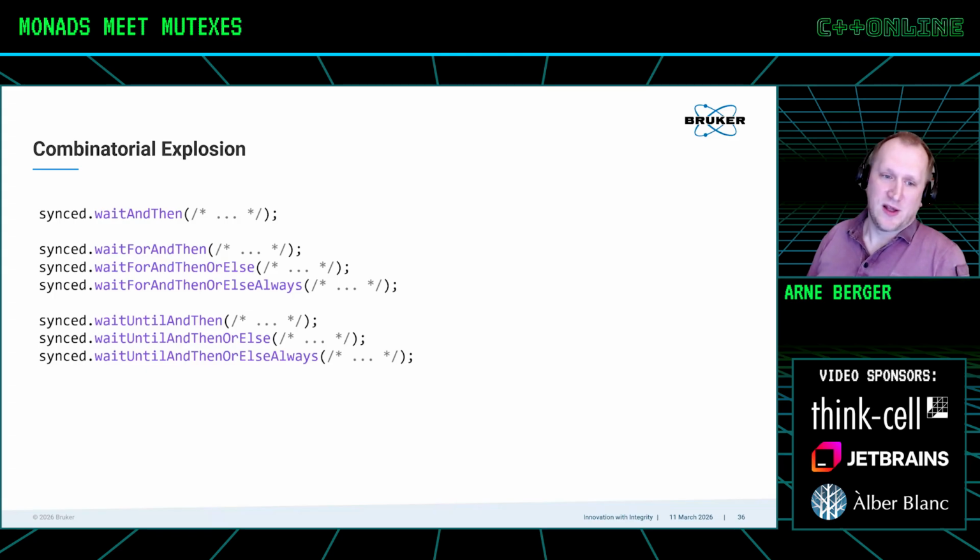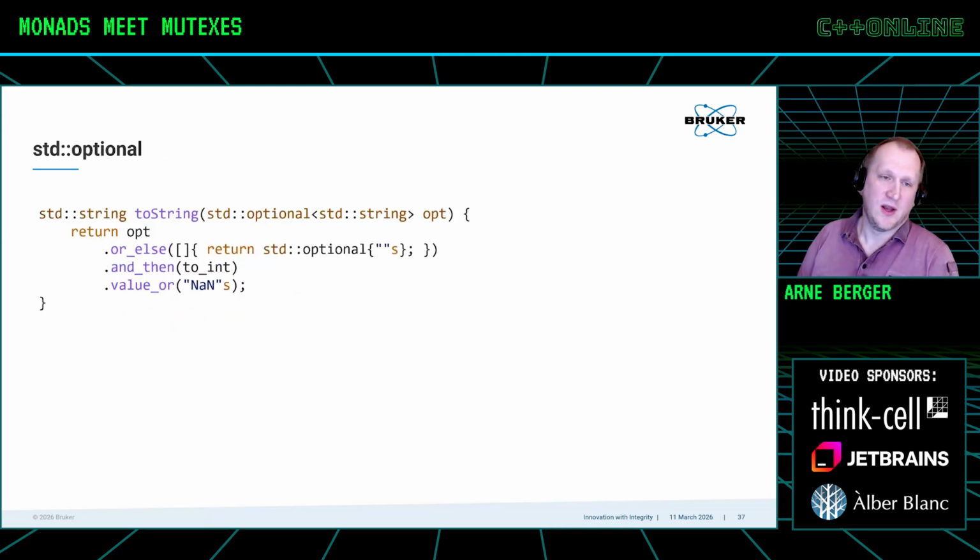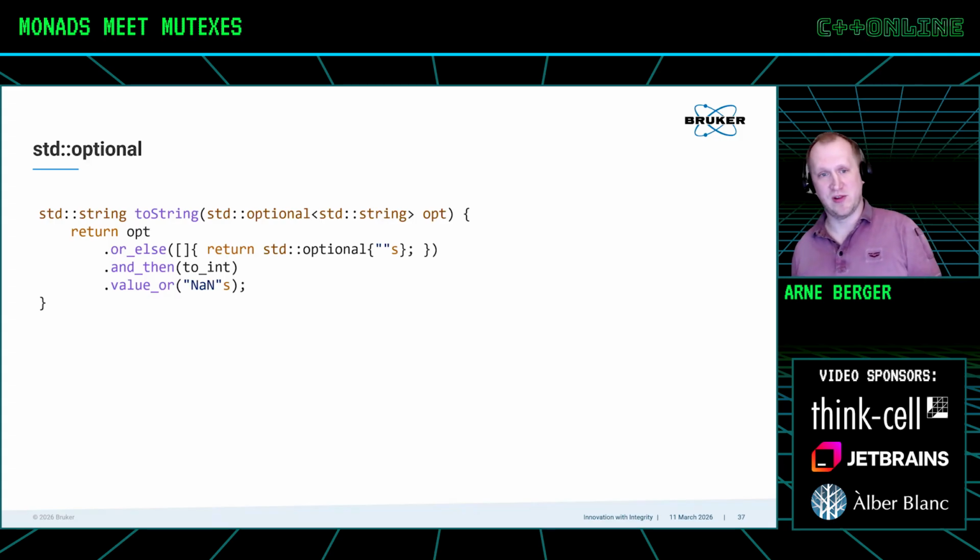And at some point, I thought, maybe I need another way to do these continuations. And then I looked at what we already had. And yeah, with new C++ standards, there were things added to, for example, the optional that are also continuation functions.